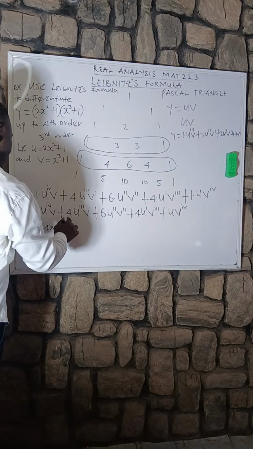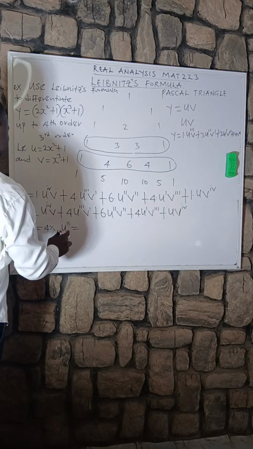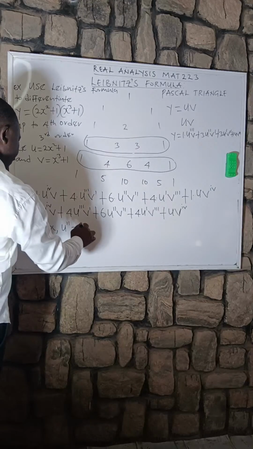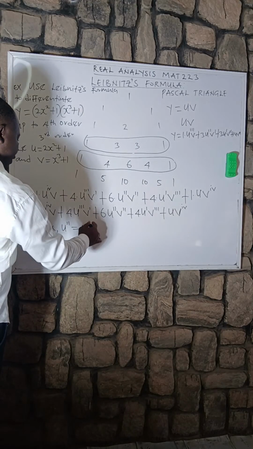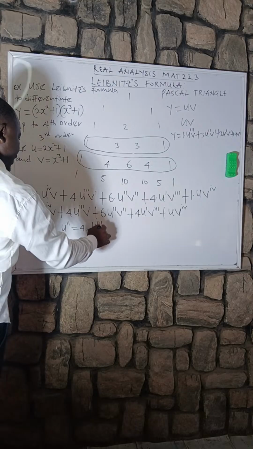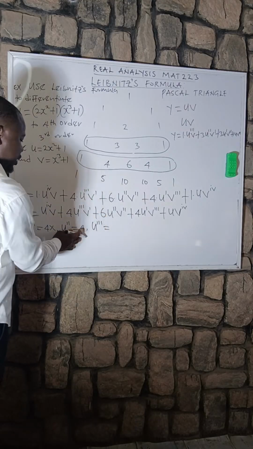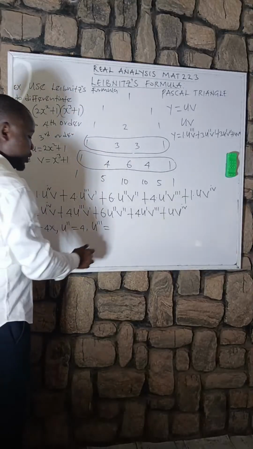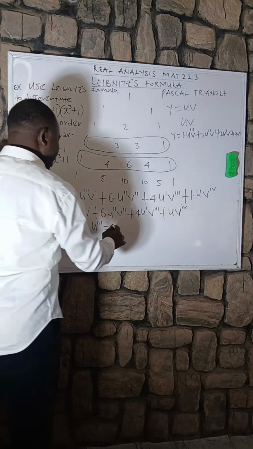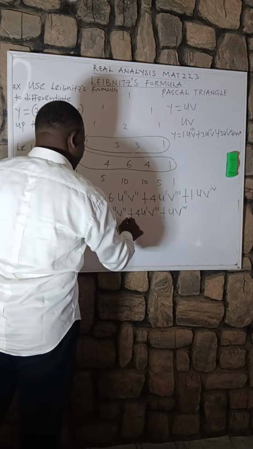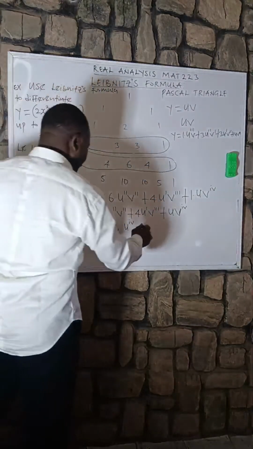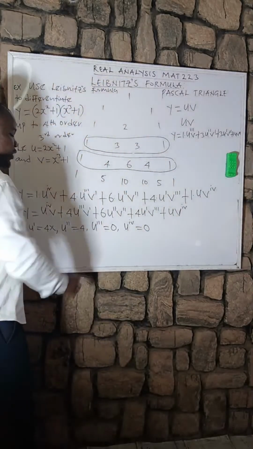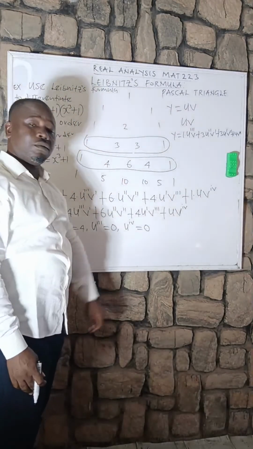Then U prime prime, differentiate this, we are going to have 4. Then U prime prime prime, if you differentiate this, you are going to have 0. And U IV, that is up to the 4th time, you are still going to have 0, because if you differentiate 0, it will still give you 0.